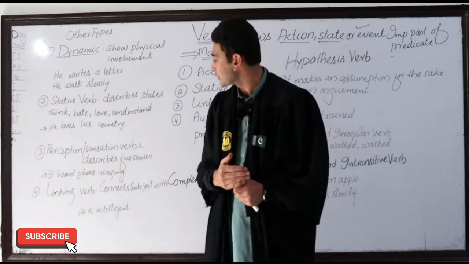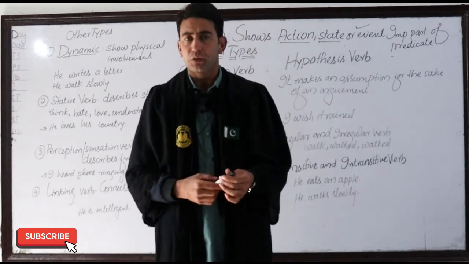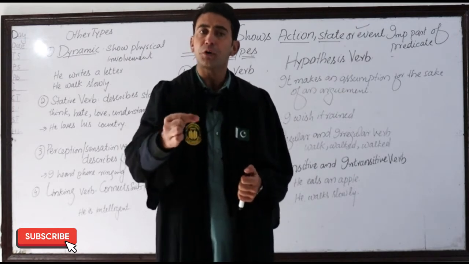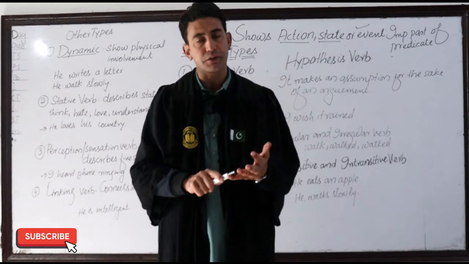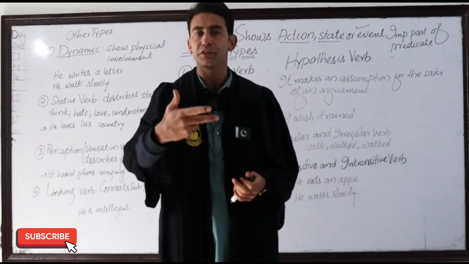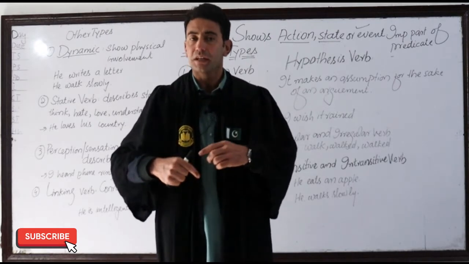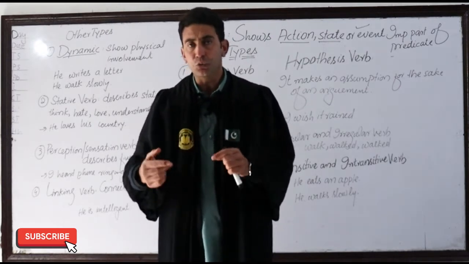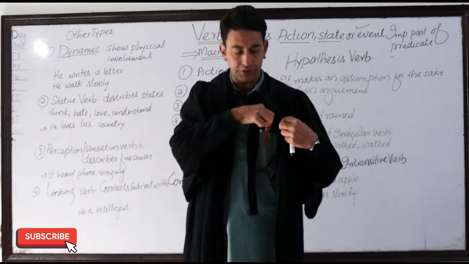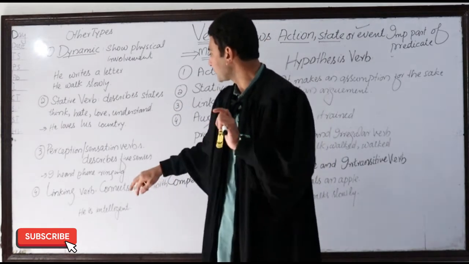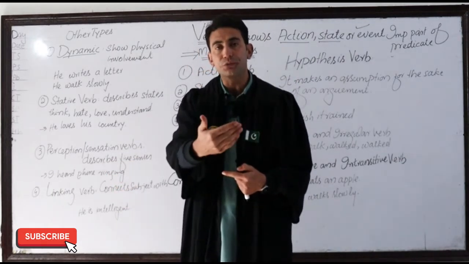Perception or sensation verbs describe one of our five senses. Understand? Like we have sense of touch, sense of taste, sense of smell, sense of hearing, and sense of sight. So whenever a verb describes one of these five senses, that verb is a perception verb or a sensation verb.